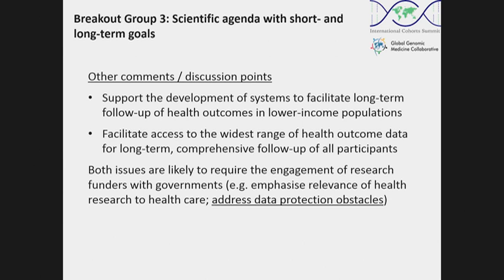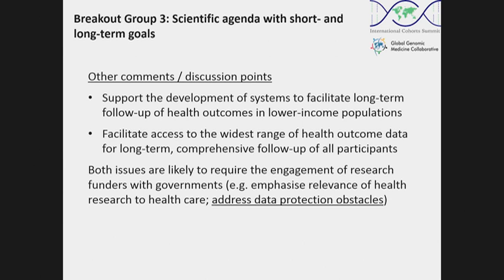But the access that one has, more or less, to health record systems that facilitate this very long-term and comprehensive follow-up of at least some health outcomes. If one could expand that, there are some places where one can do death and cancer. One could expand it to link into hospitalization data. Then that obviously increases the number and the range of diseases that one can cover. But there are other areas where one can't even get linkage to things like death and cancer. So are there things that could be done there?